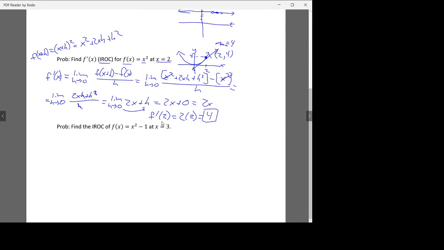Find the instantaneous rate of change of x squared minus 1 at x equals 3. So now we could just say, well, let's find f of x plus h real fast. Now we're going to need that one. x plus h squared is another one we worked already on maybe the second page. And so our little IROC is f prime of x is, don't forget the limit.